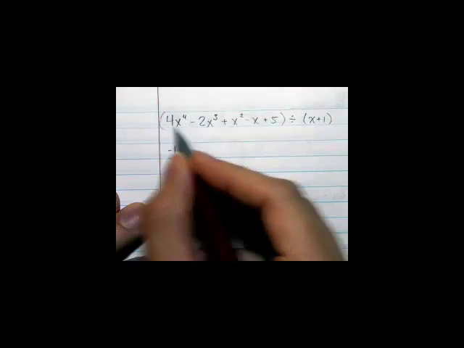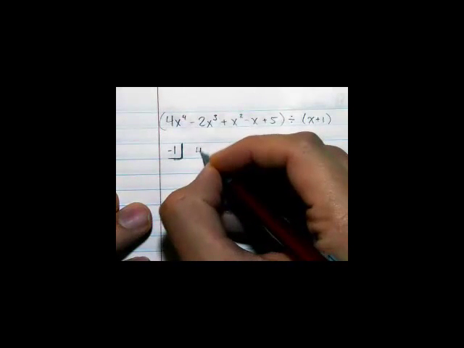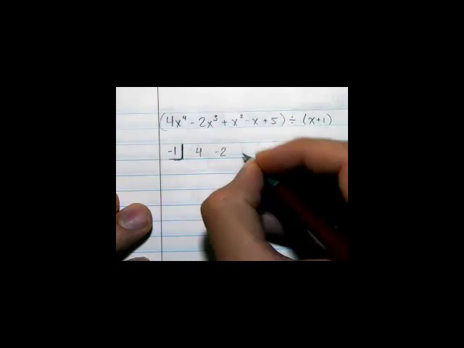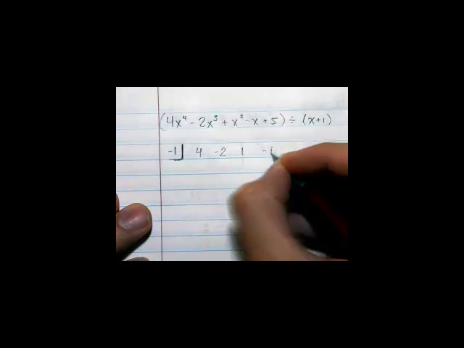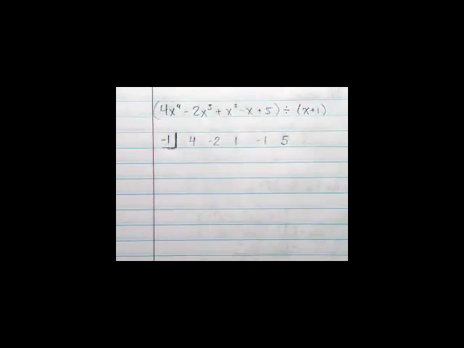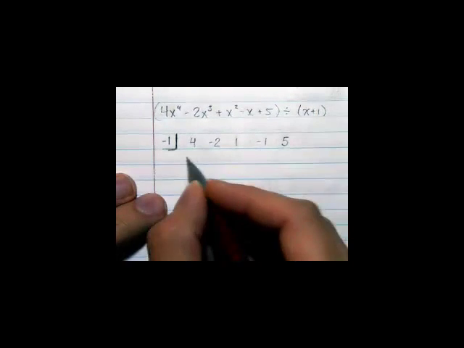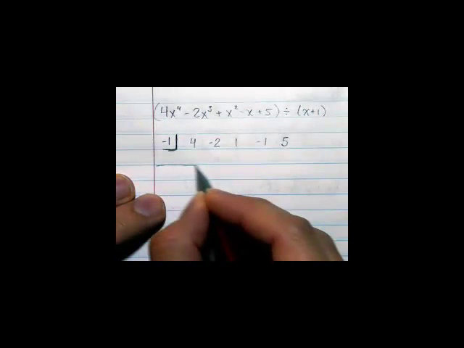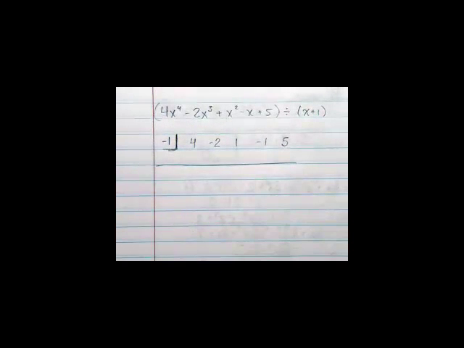So I'm going to take all of those off of there. So 4, -2, 1, -1, and 5. And we just write them straight across. And just make sure they're nice and spaced out. And then you're going to skip a line and then draw a line.